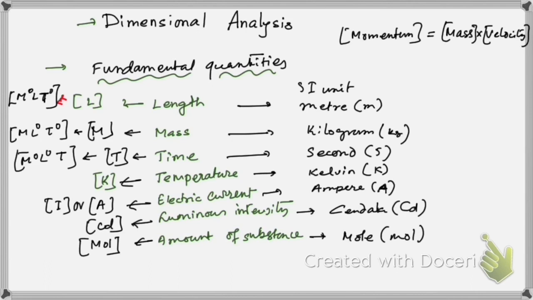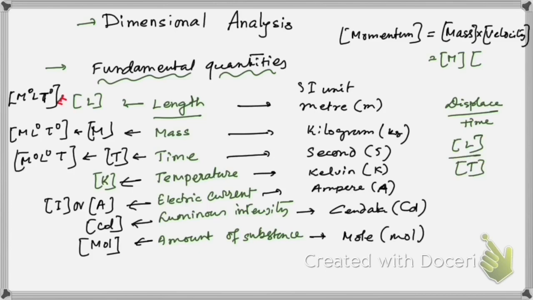So now for mass we used to write M, and for velocity, in order to find the dimensional formula of velocity, you can use displacement by time. Displacement is nothing but a length, so its symbol will be L, and time, that is capital T, or you can simply write this as L T to the power minus 1, right?